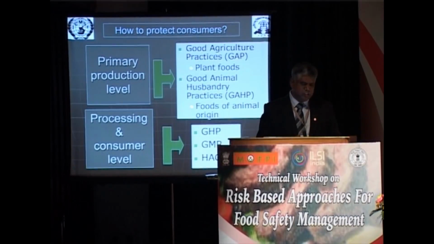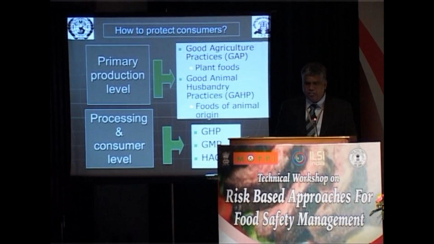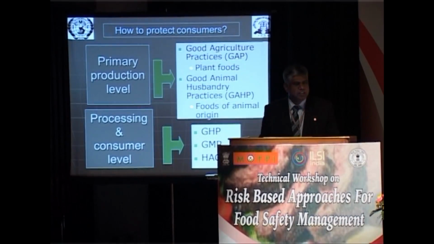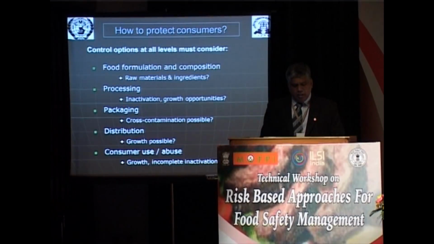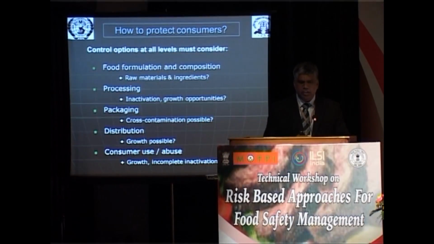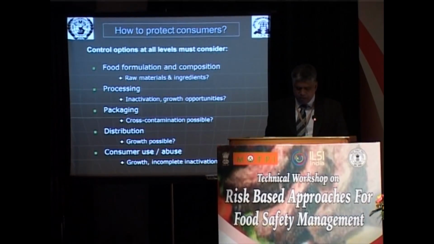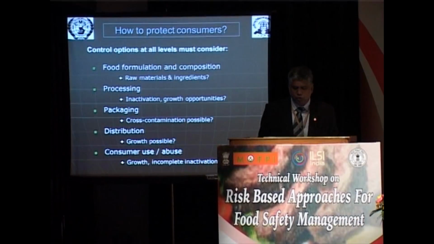At the processing and consumer level, several approaches, good hygiene practices, good manufacturing practices, HACCP plans and so on, can be utilized. At the food formulation and composition level, we should check that raw materials and raw food ingredients do not have pathogens, and we should always be careful about the food formulation and composition.